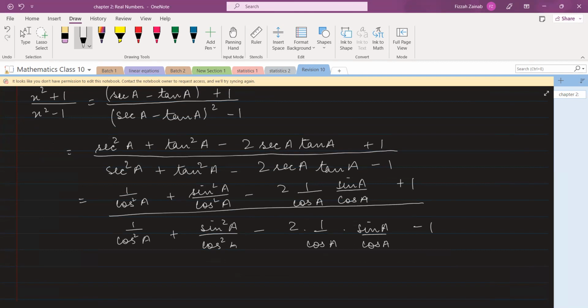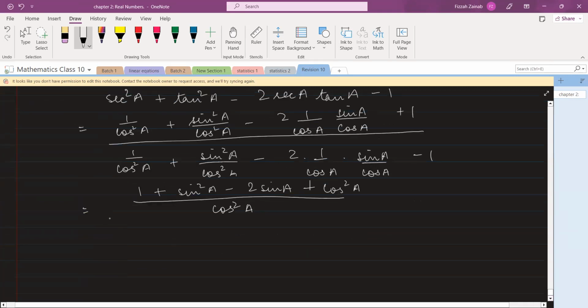See, the denominator is everywhere cos square A. Can you see that? So if I take the LCM cos square A, this is 1 plus sine square A minus 2 sine A, and this plus 1, now this will be multiplied because there was 1 in the denominator.